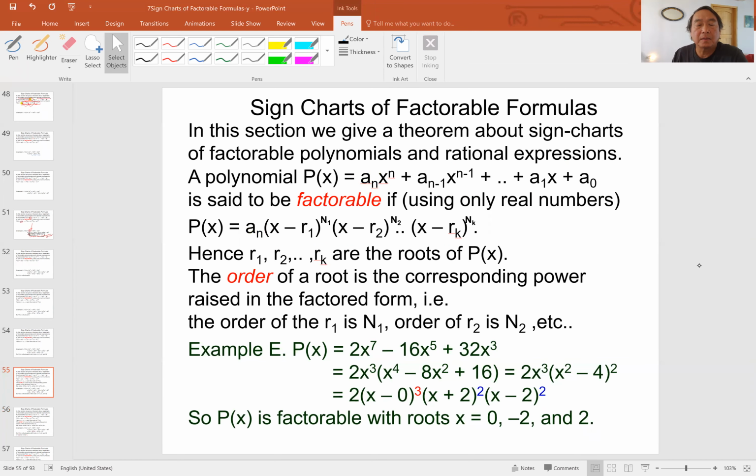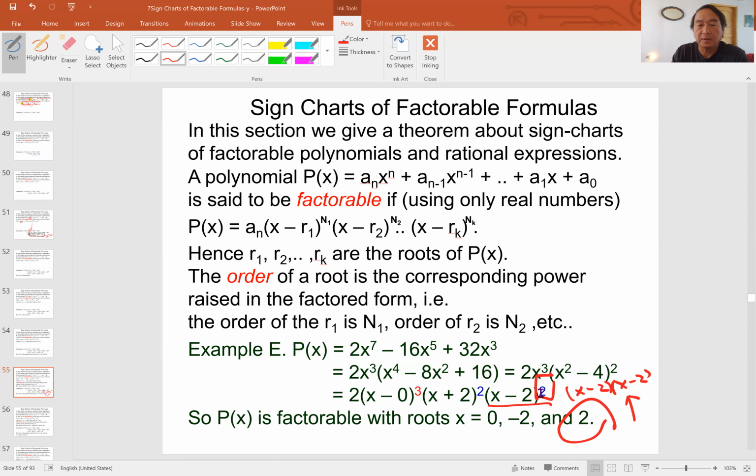And here's the most important part about the roots: how many times each shows up. (x - 2) squared means there are 2 parentheses of x minus 2, so the root 2 repeats twice. That power it comes with, we call the order of the root.